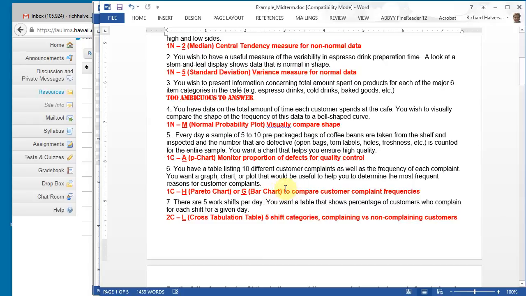A pie chart is difficult to look at differences between each other. It's difficult in a pie chart to see what the overall biggest one is. That's easier in a bar chart. A Pareto chart, though, will also order them, so we'll be able to quickly see the categories with the most complaints first. So either H or G would be the right answer.